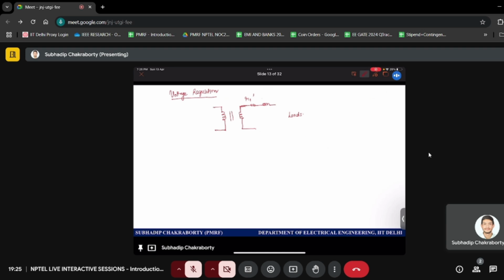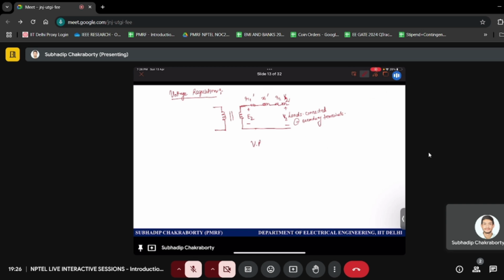So R1 dash X1 dash, and then I can write R2 X2, and this side is called as V2, this side is known as E2, so loads connected at secondary terminals, and we see the voltage regulation with respect to the secondary, right?